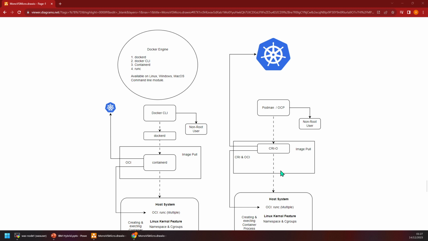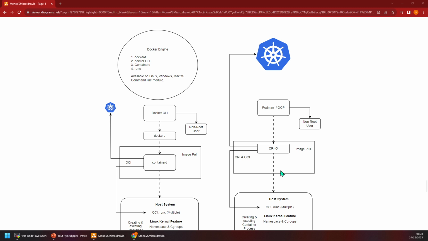And then in terms of security and compliance, CRI-O places a strong emphasis on security and compliance. It includes features like pod level security policies, seccomp profiles, and integration with OpenSCAP for compliance scanning.